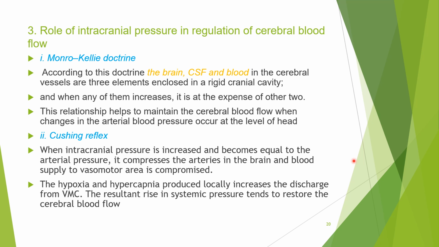The rise in the systemic blood pressure is proportionate to the intracranial pressure up to a certain limit, beyond which it also cannot act, and cerebral circulation further ceases. So this effect, which protects the vital centers of the brain, is called Cushing reflex.